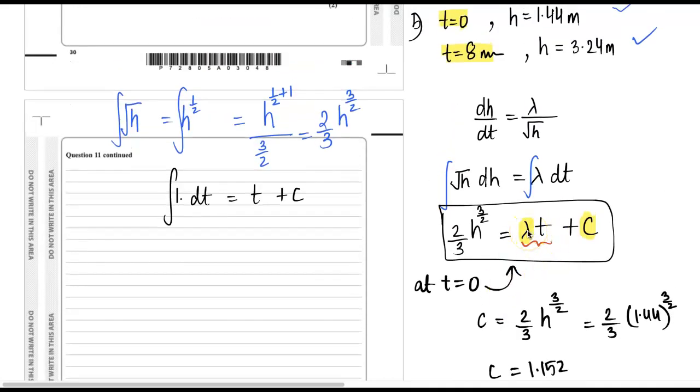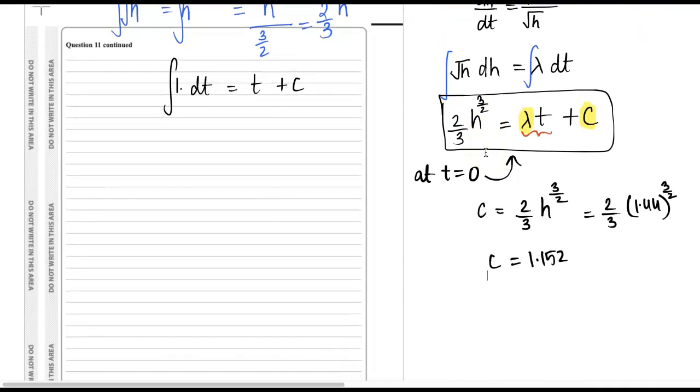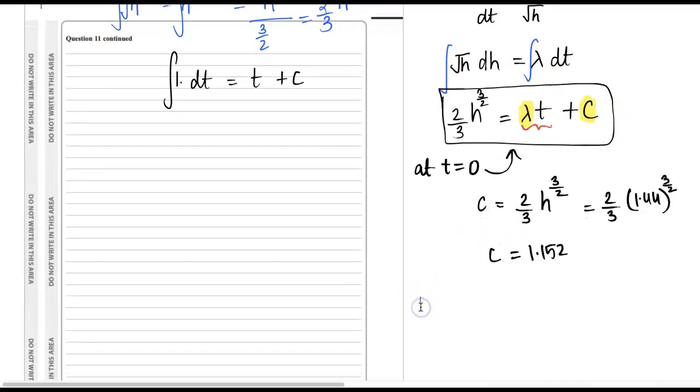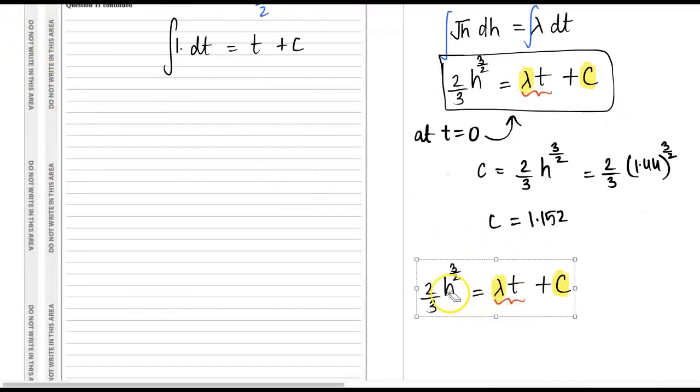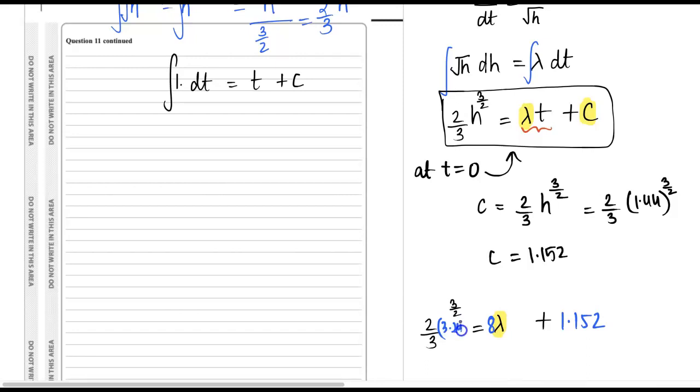For lambda, we are going to be substituting the value of c and h to find out lambda. So I'm going to copy this thing there. And we will be substituting the value of c, h and t also. So t is 8, so it's better to write 8 lambda. 8 lambda here, and c was 1.152, and h is 3.24.